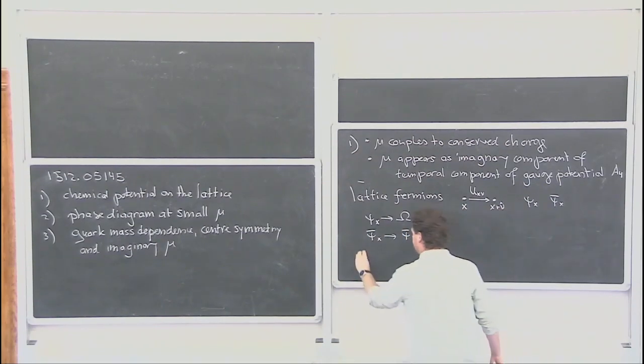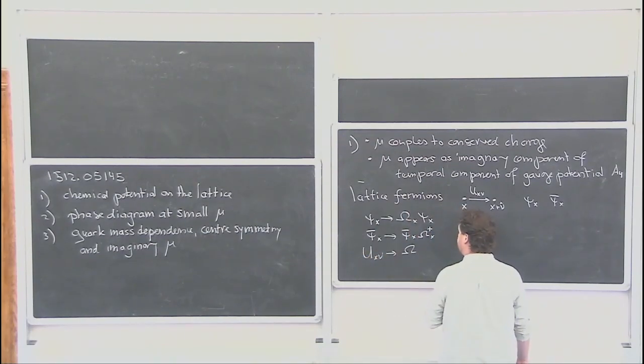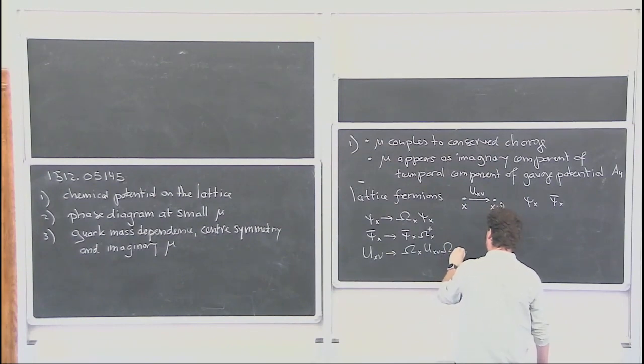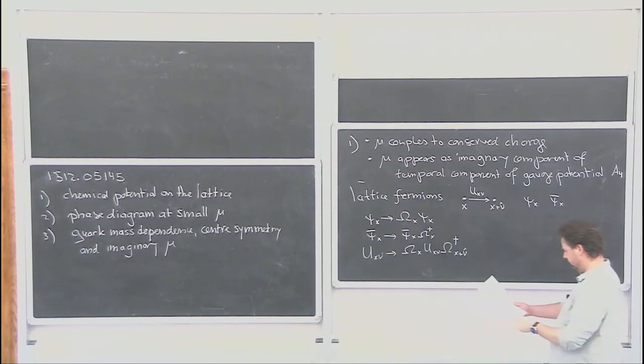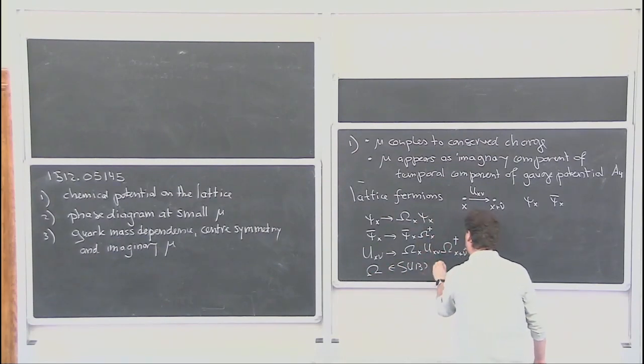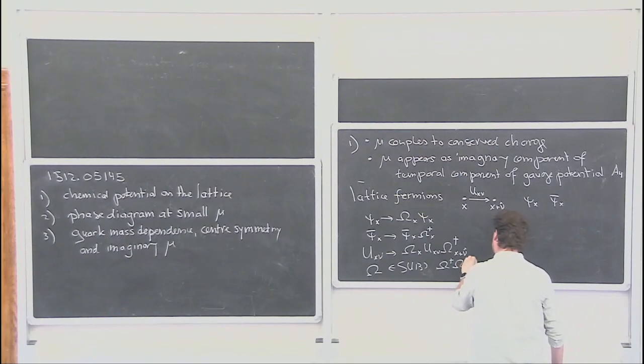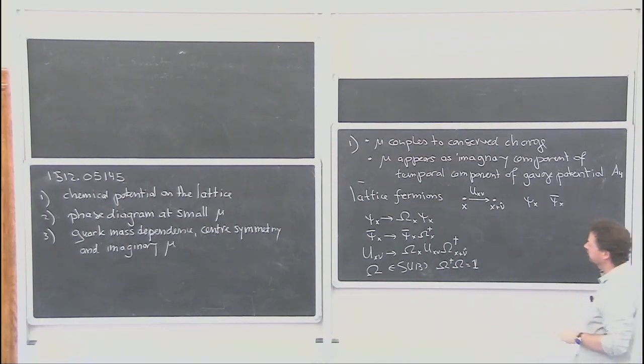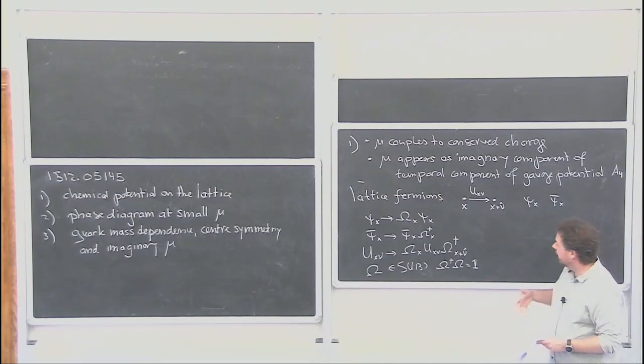And the gauge link transforms as omega x U x nu omega x plus nu dagger. So here omega is an element of SU(3), and so omega dagger omega is one, as a unitary matrix, and this is how the fields transform under the gauge symmetries.